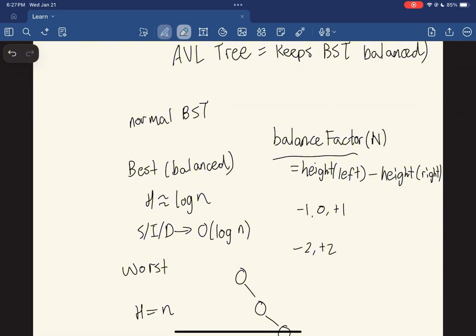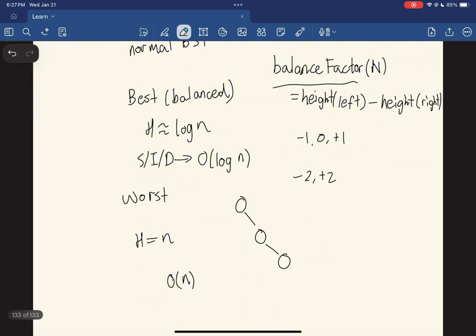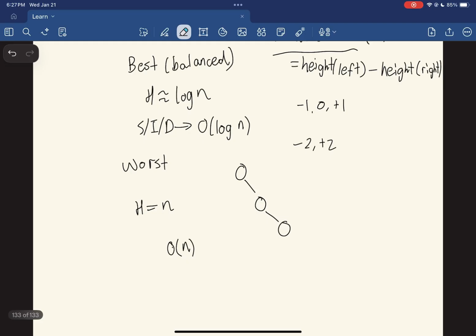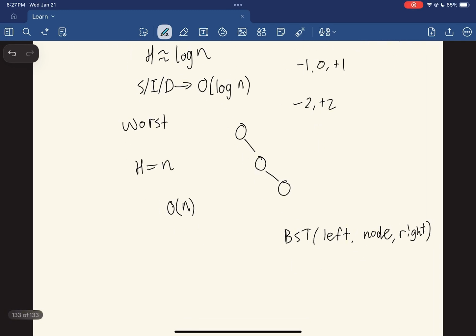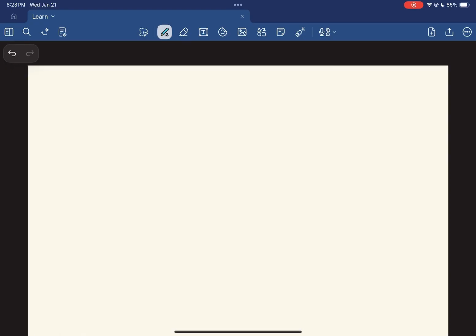So an AVL tree is still a BST, with the left node smaller and then the right node larger, but there's an extra height balance condition. Hopefully it makes sense. If it doesn't, I'll show examples. If you don't understand, that's fine.